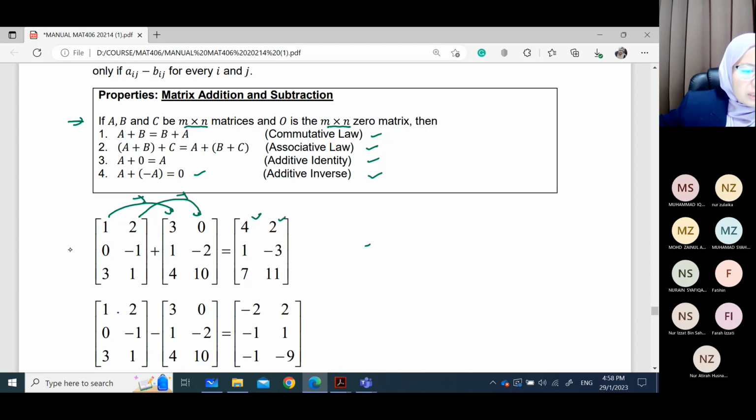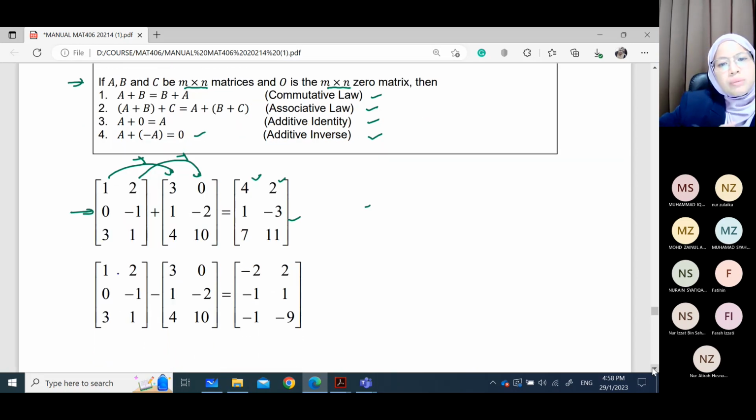Okay, sama juga lah dengan yang second row. So we add the second row of the second matrix, which is 0 plus 1, we have 1, negative 1 plus negative 2, we have negative 3. Begitu juga yang seterusnya. Okay, so ini adalah addition matrix.